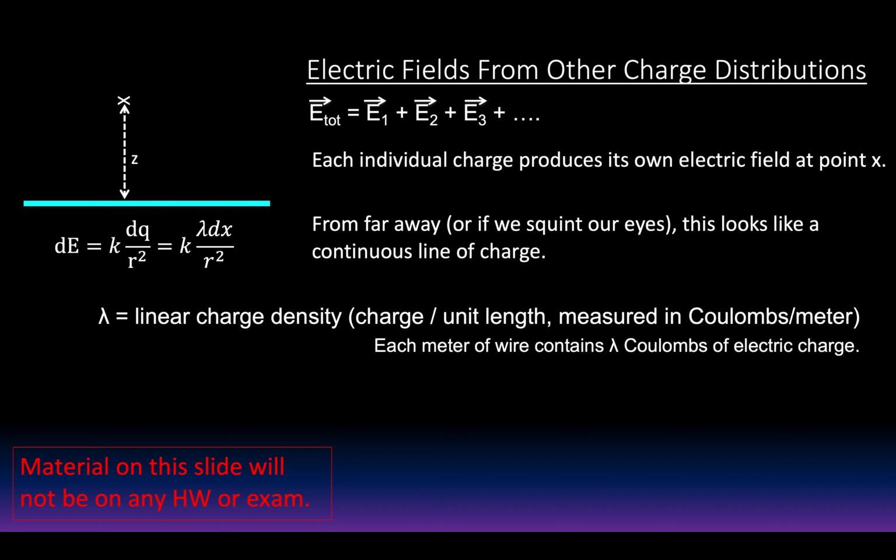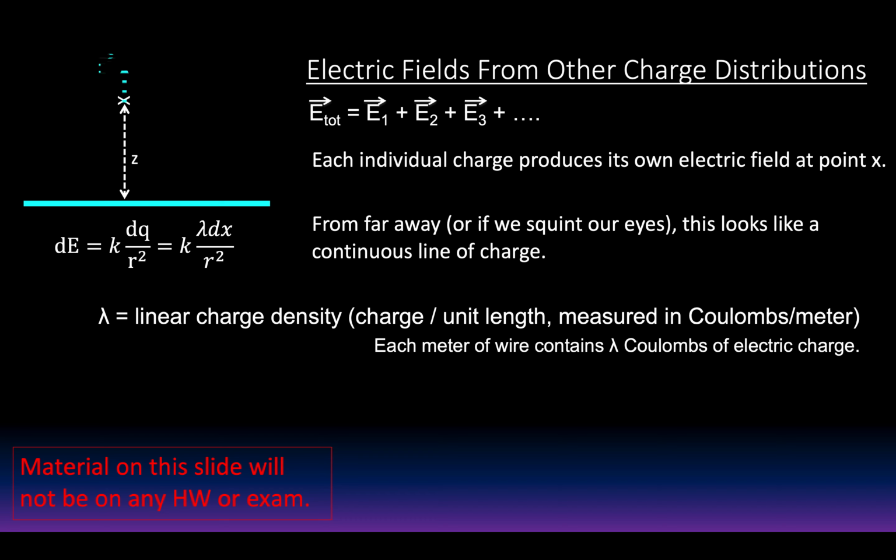In other words, even though this infinitely long line of charge is made up of infinitely small point charges, I could still meaningfully talk about there being 2 coulombs per meter along this infinitely long line, or maybe 5 coulombs per meter or whatever. So I could replace the dq with a lambda dx term. Lambda is how much charge per unit length.